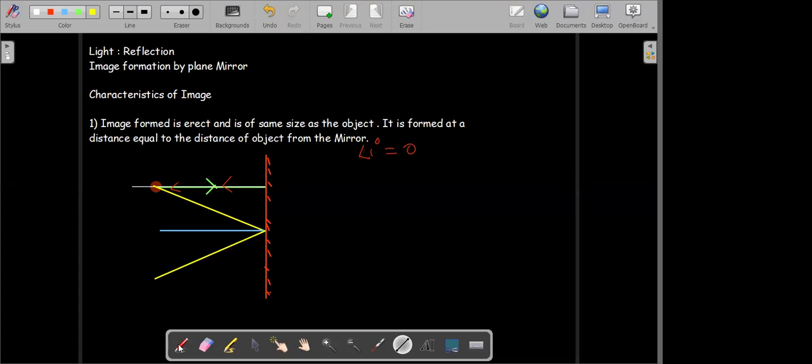Right? So see how the image formation takes place or where the image is formed. So where do we have the formation of image taking place? This is our incident ray, the reflected ray. So can anyone explain where the image is formed?